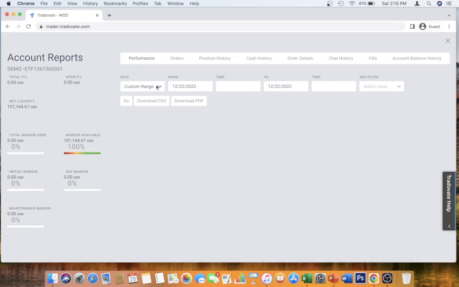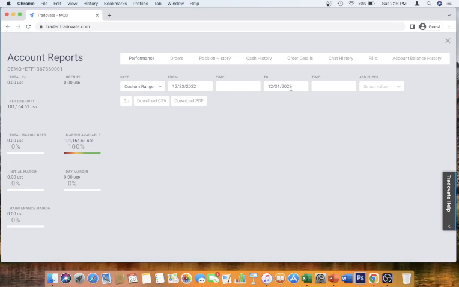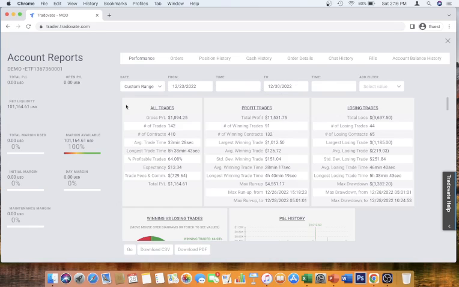Yeah, this is confusing. Okay. Let's go to last quarter. Okay. So I guess how you do it is you select from this date to this date. I think the time thing was bothering me. Like it was from time to time. Okay. All right. So these are my trades on that account.